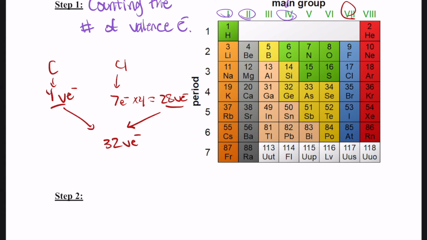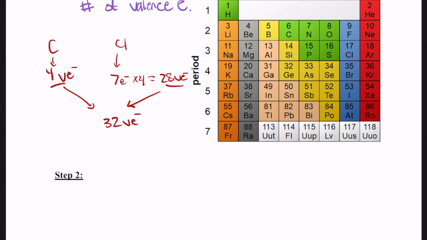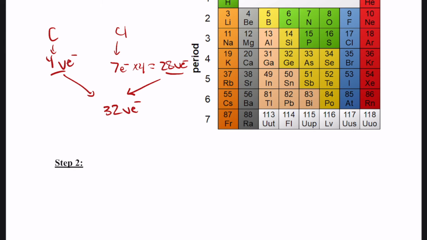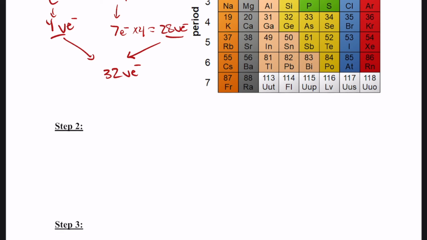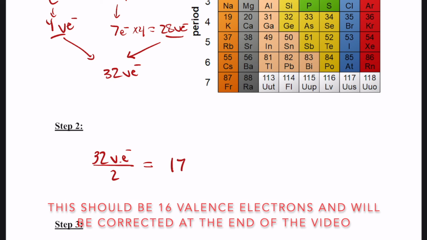And once I've done that, something you'll see here in Lewis structures is that we like to put electrons together as pairs. That's how electrons like to be arranged, and so it's good to just know how many pairs you need to account for, and once we get into drawing, you'll see why this is important. So just to count them into pairs, I just take the 32 valence electrons and I divide it by 2, and that gives me 16 electron pairs.